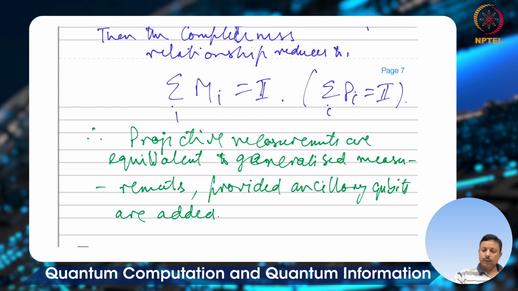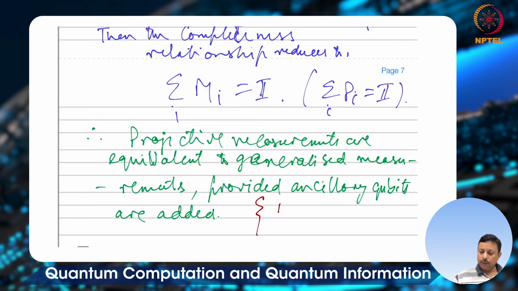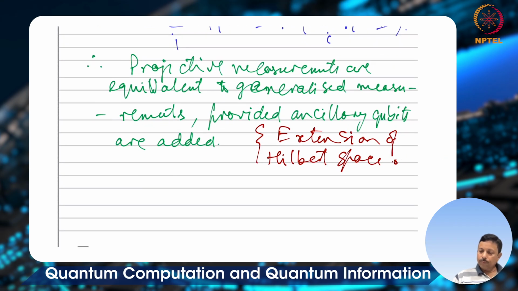This is like the extension of Hilbert space, or purification, which we did in terms of the Kraus operators. So the extension of the Hilbert space means external qubits are added.